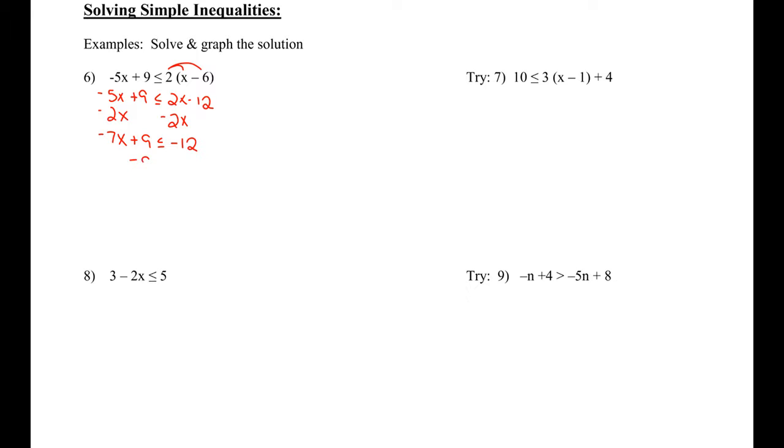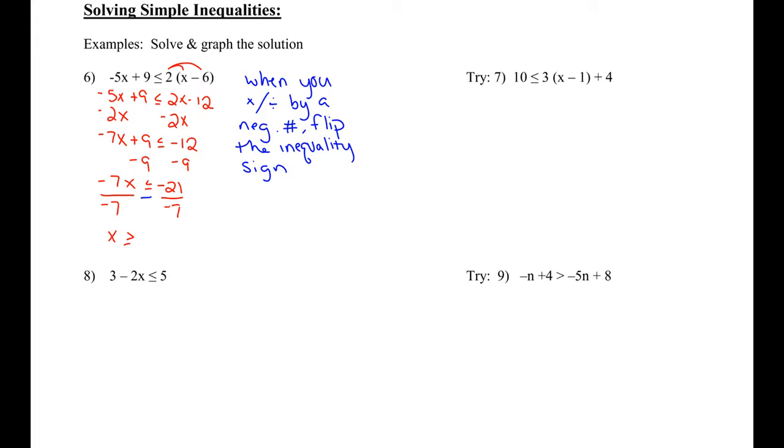Next, I want to move the 9 over, which means I'm going to subtract 9 from both sides to get negative 7x is less than or equal to negative 21. Finally, to get x by itself, we want to divide both sides by negative 7.